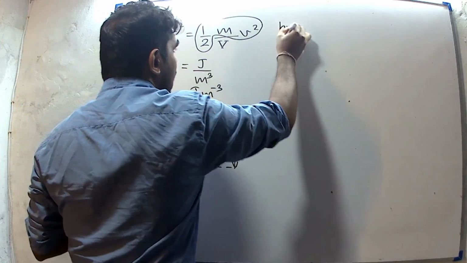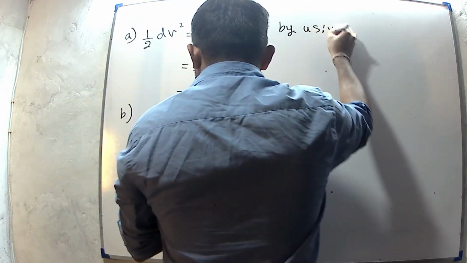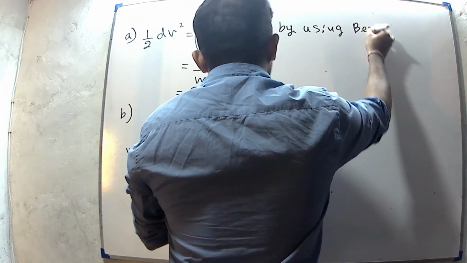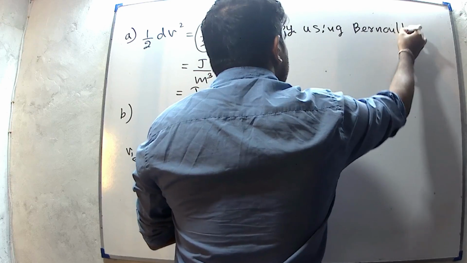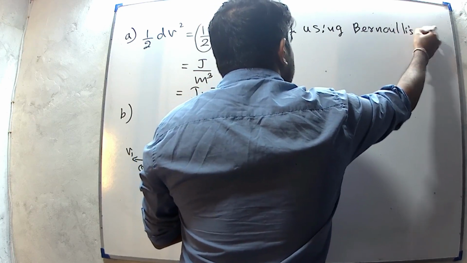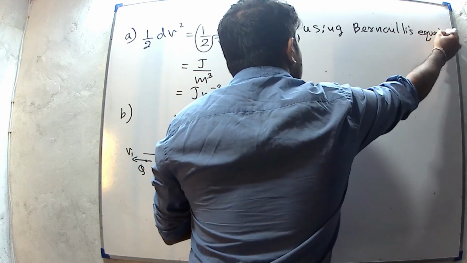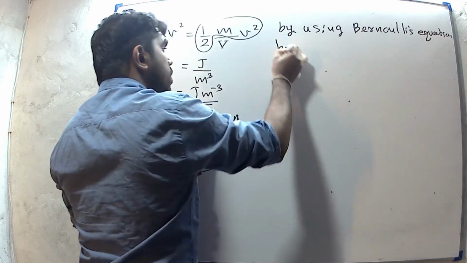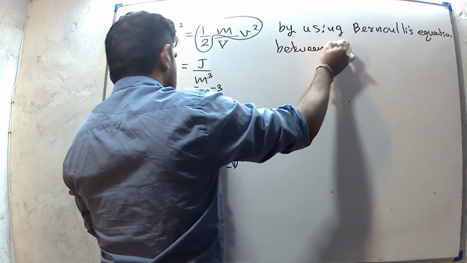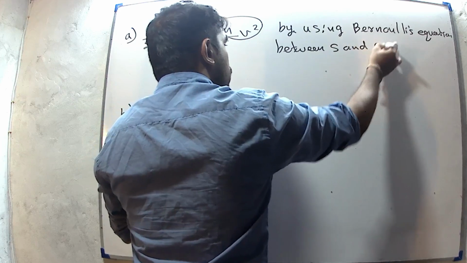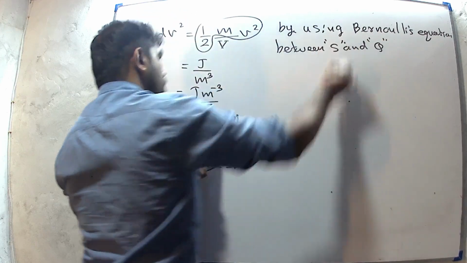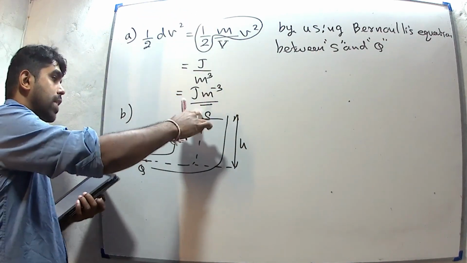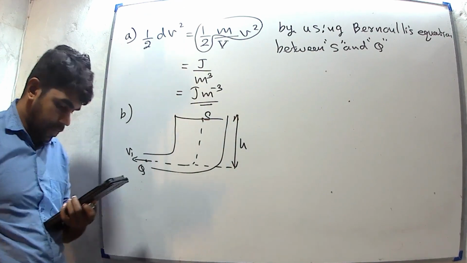I will write Bernoulli's equation between S and Q. S is this point, Q is this point.